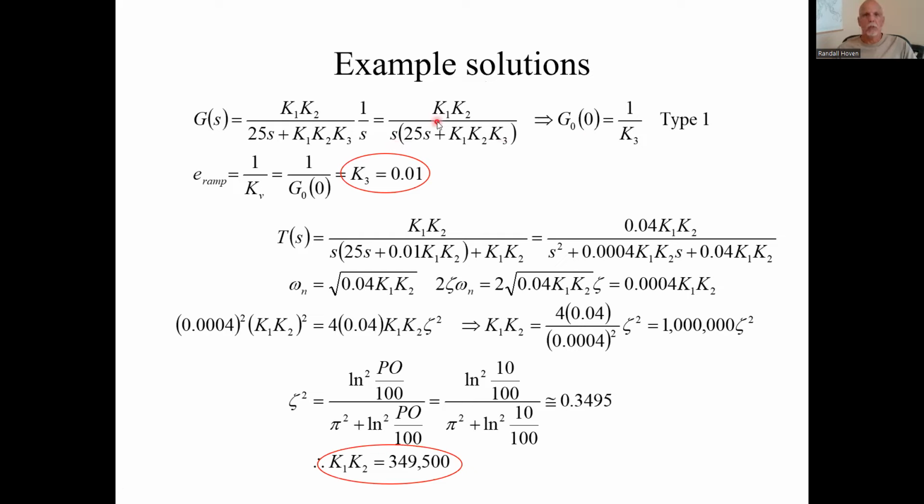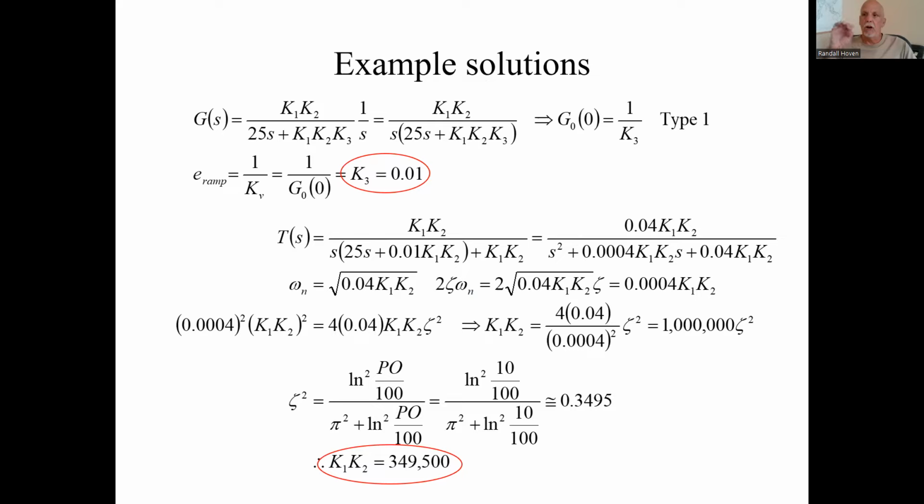P sub naught will just be, getting rid of this s, that is 0. You just get K1, K2 over K1, K2, K3, which is just 1 over K3. And the error is 1 over that, which is K3. That was specified to be 1%, so that tells us what K3 needs to be.